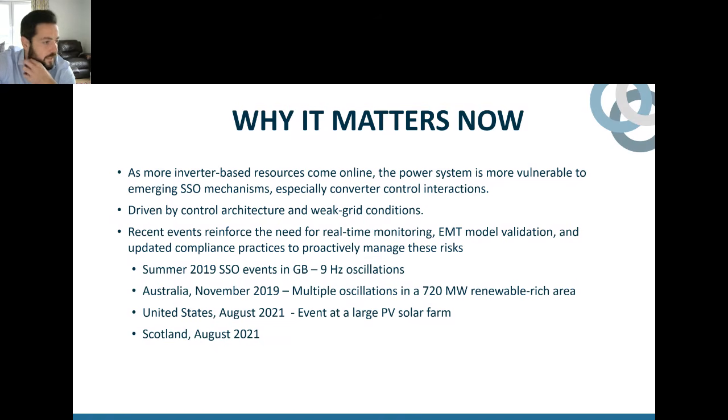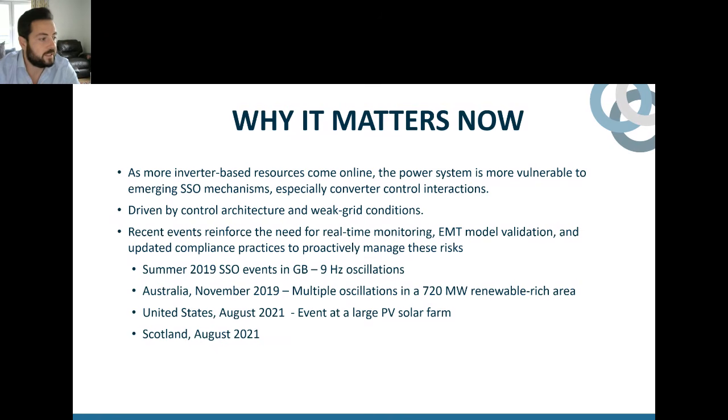I left here in this slide a couple of events that have arisen recently. There's one in Great Britain in August 2019 with oscillations of 9 Hertz, more or less. Then another example was in Australia in November of 2019, where there were multiple oscillations in a 720 megawatt renewable-rich area. Then another one in the United States in 2021, in a large solar PV farm.